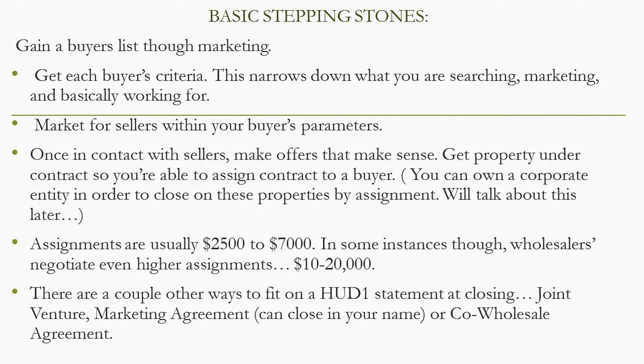That also works. Having a co-wholesale agreement with another wholesaler who has a property under contract, but he can't find a buyer, but you have a buyer, and you bring the buyer to the table, and you guys split the fee.